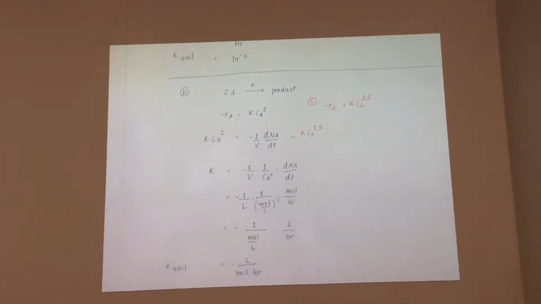Let me check. The negative comes from the volume, 1 over V. Then he flips it the other way around, so it means it's positive. The unit of K is 1 over mole over L. After that, the unit does not have a negative value.